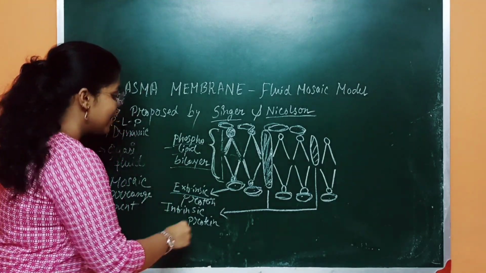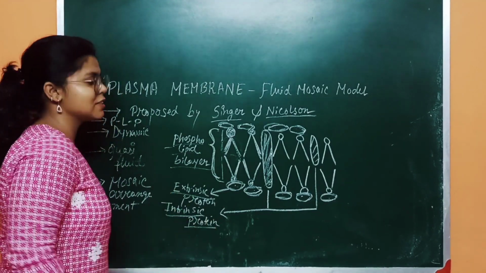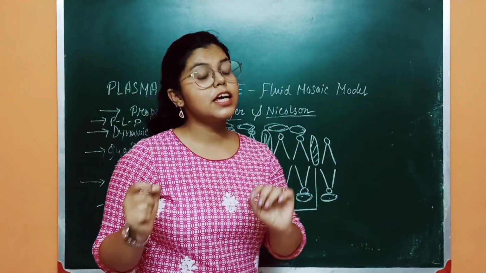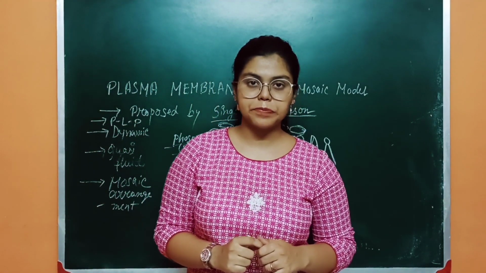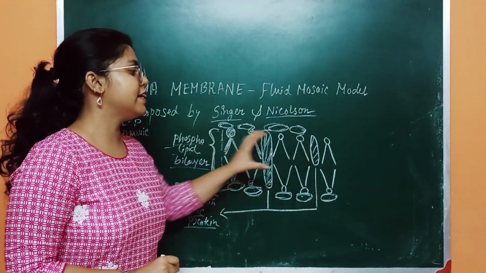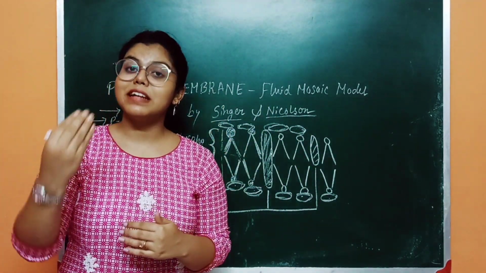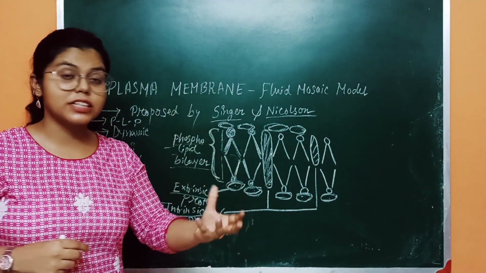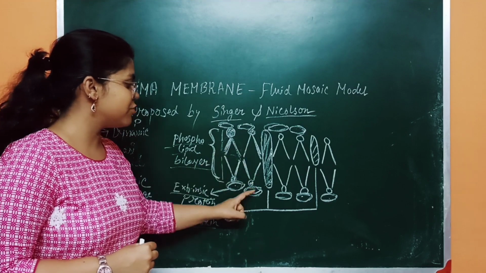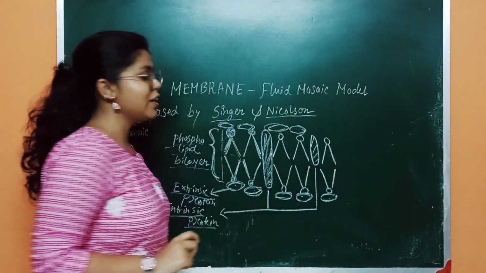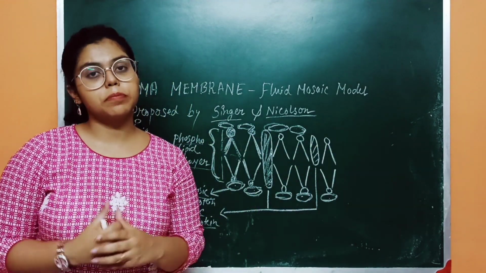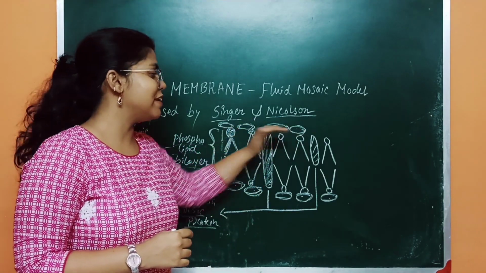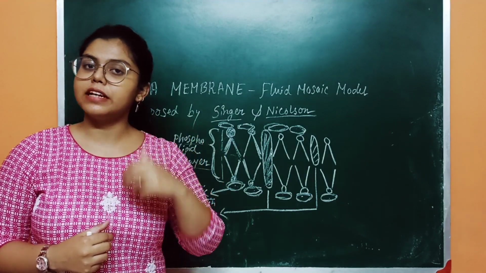These are called intrinsic proteins. So the plasma membrane is made up of proteins and the phospholipid bilayer. The phospholipid bilayer consists of a hydrophilic part, the head region, which has love for water, and the middle region, which is the hydrophobic part. So the hydrophobic part is sandwiched by the hydrophilic parts.